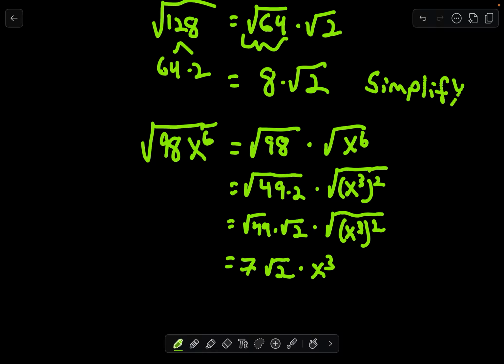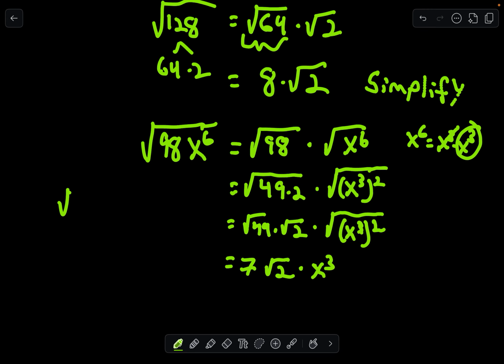Okay. Another way of thinking of x to the 6th is x to the 3rd times x to the 3rd. We have two of them. So the square root kills one of them and leaves you with x to the 3rd. The other way of thinking of it is that the square root is also a rational exponent.